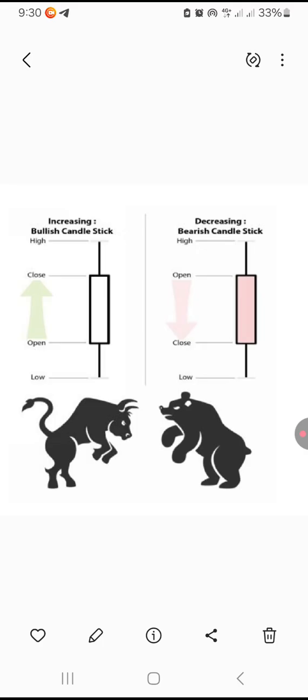What are bullish candles? A bullish candle means buyers were stronger. Are you understanding? Price opened lower and closed higher.